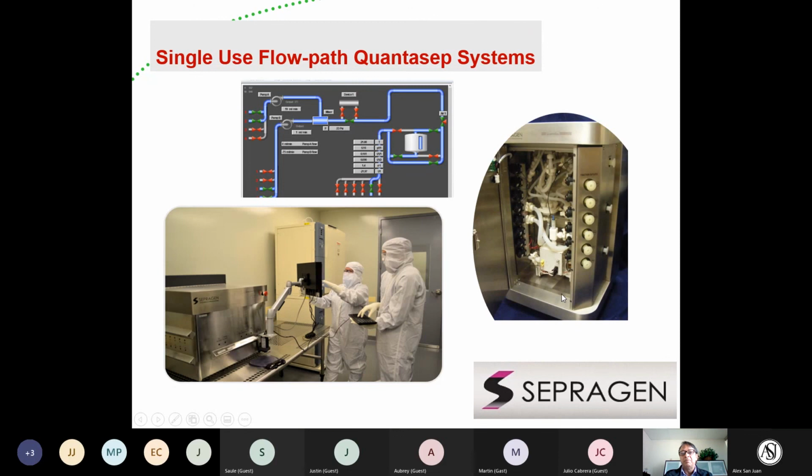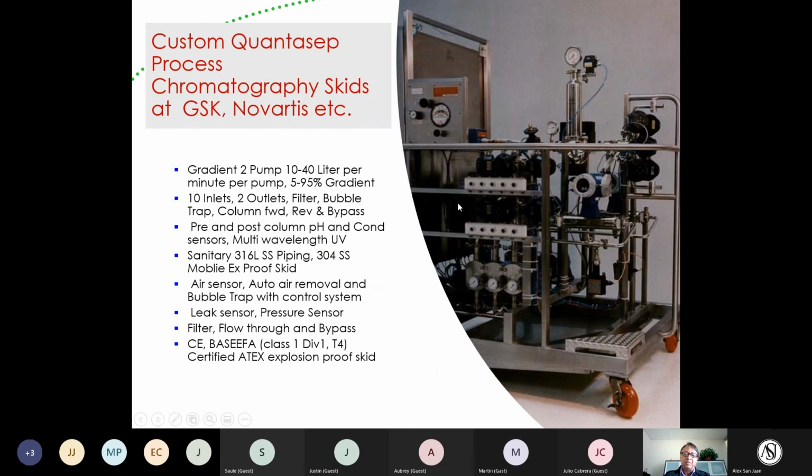We've scaled them up from 0 to 100 mLs a minute to 0 to 10 liters a minute. And the flow path is entirely removable, very easy, intuitive software. We've got customized skids, explosion-proof systems with oxygen, with air or nitrogen purge enclosures.